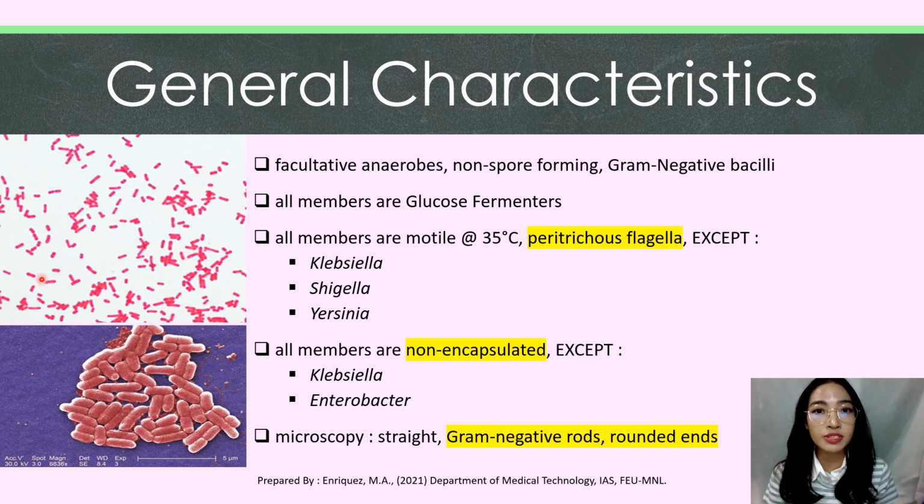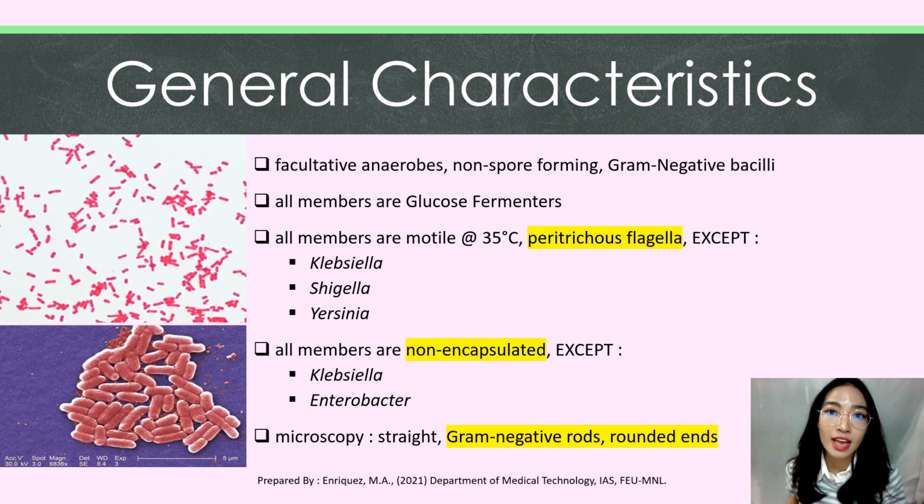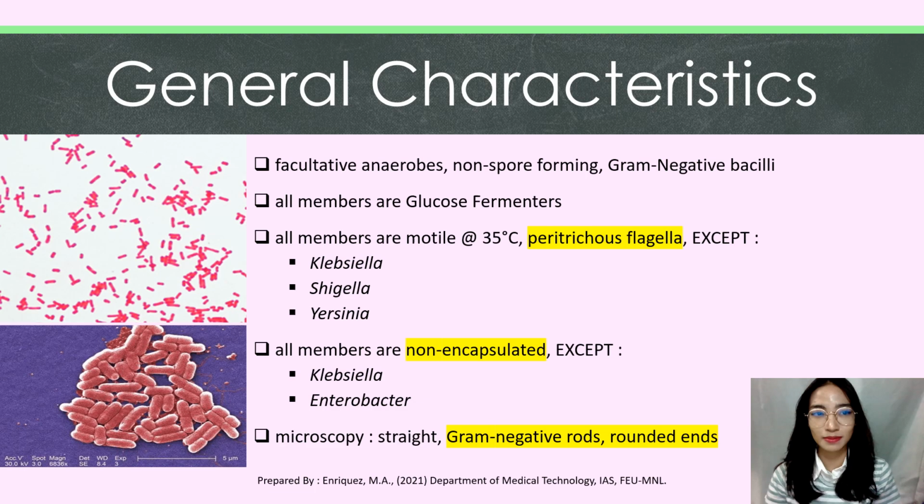So as I proceed with the discussion, hindi ko na po ipapakita ulit yung microscopic characteristics nila individually because they all look like this. Okay? So magpapakita na lang po tayo ng microscopic morphology nila if ever they have any special characteristics.